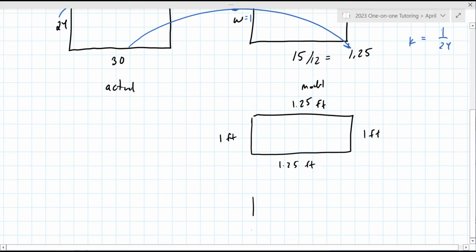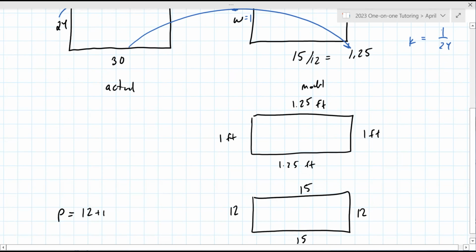So you already have the bottom. The bottom is 15. That didn't change. 1 foot, though, is 12 inches. You're going to add them up for the perimeter: 12 plus 15 plus 12 plus 15.